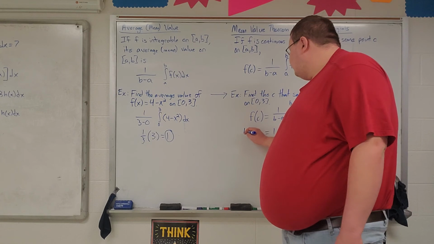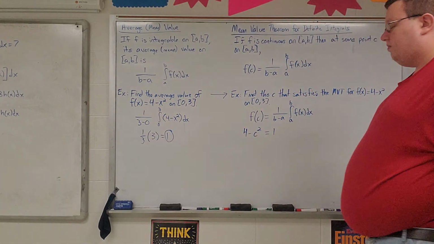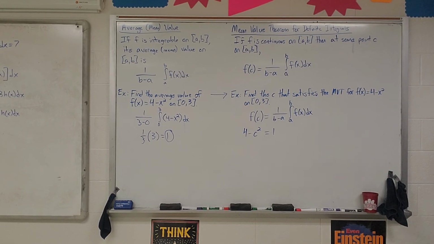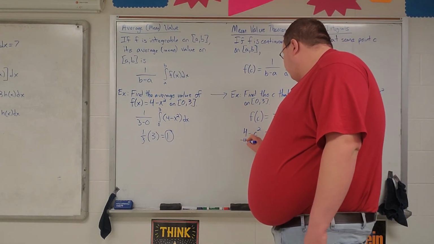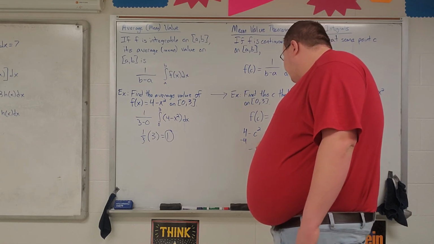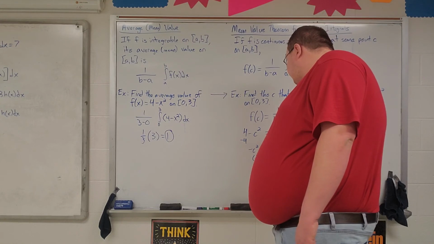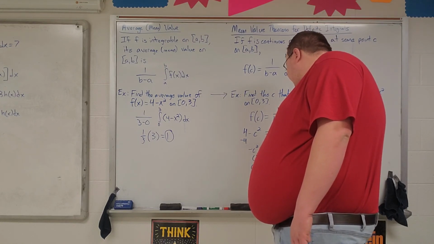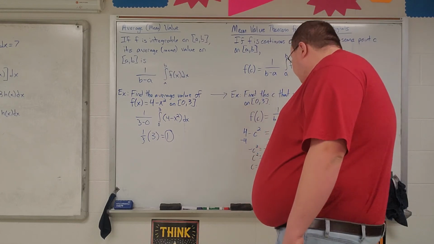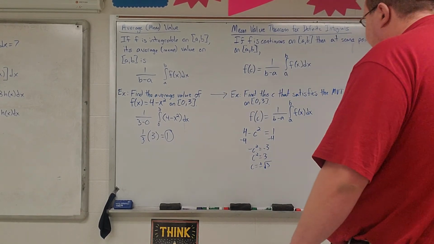So 4 minus x squared, plug c in, you get 4 minus c squared has to equal 1. Where does that occur? That means that if I subtract 4, I get negative c squared is equal to negative 3. So c squared is equal to positive 3. So c is going to be positive or negative the square root of 3. The only one of those values that's on this interval from 0 to 3 is the positive square root of 3.